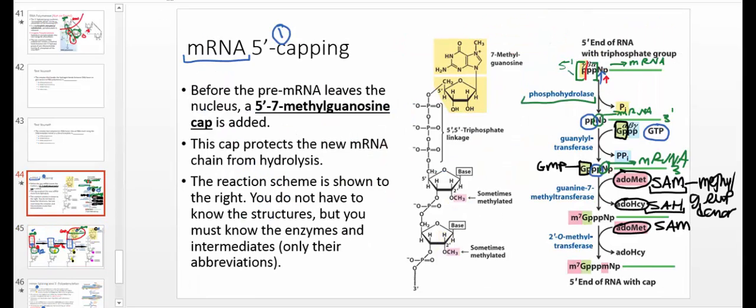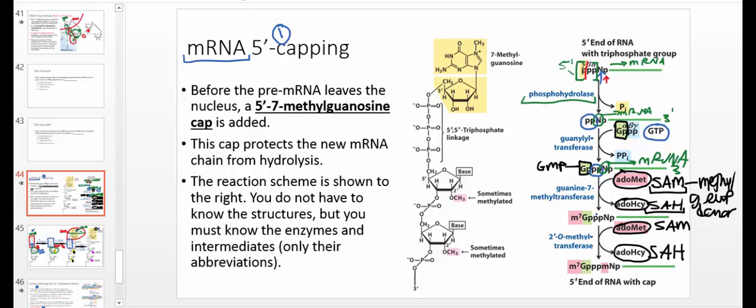And again, it is a SAM-dependent enzyme, S-adenosylmethionine. And in the process, you end up getting out S-adenosylhomocysteine.